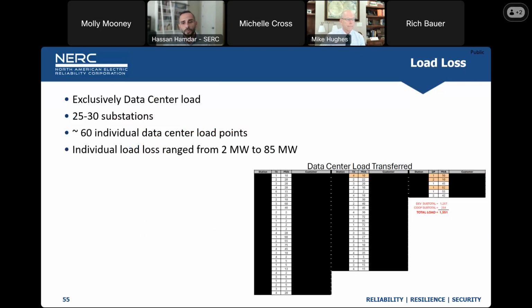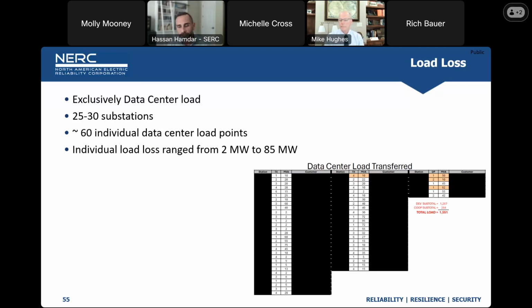We quickly realized, and the entity really quickly realized, that this was exclusively data center load. It was about 25 to 30 substations, as you saw in that previous simple one-line diagram, and it involved about 60 individual data center load points.